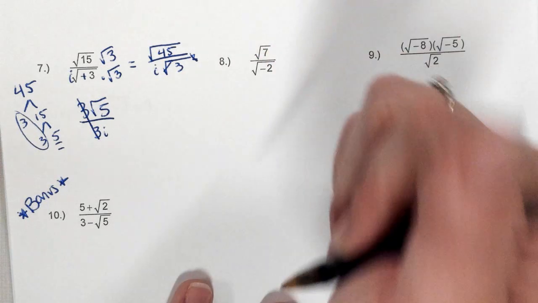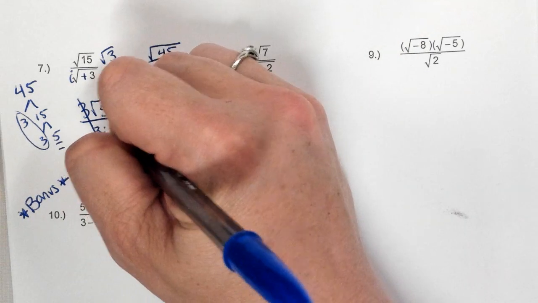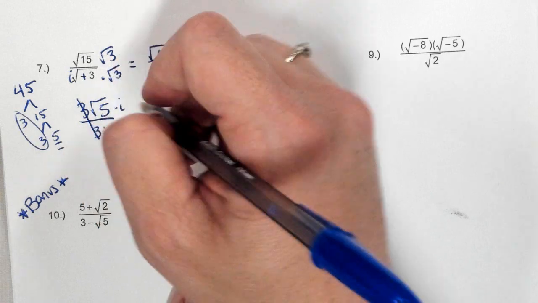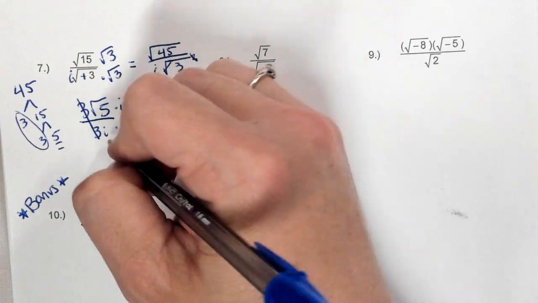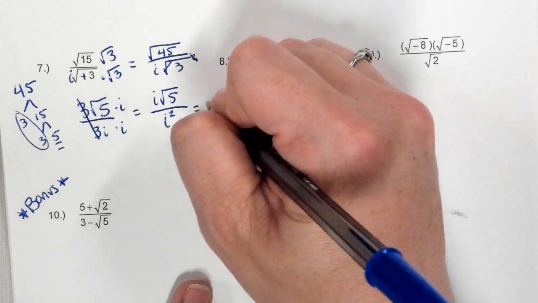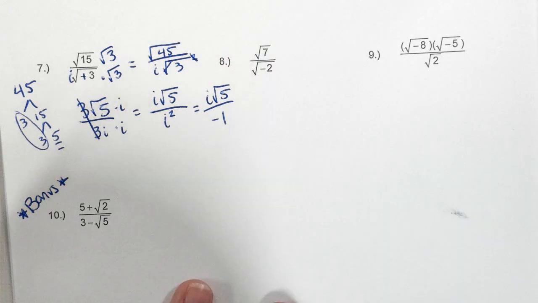It has an i in the denominator. How do I get rid of that i in the denominator? Multiply top and bottom by i. Now, proper with a radical is we're going to rewrite this as i root 5 over, what's i times i? i squared. And what does i squared equal? Negative 1. Now, here's my question.